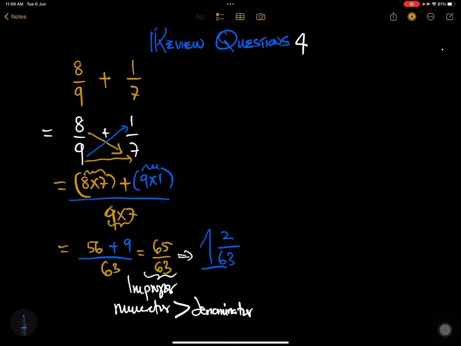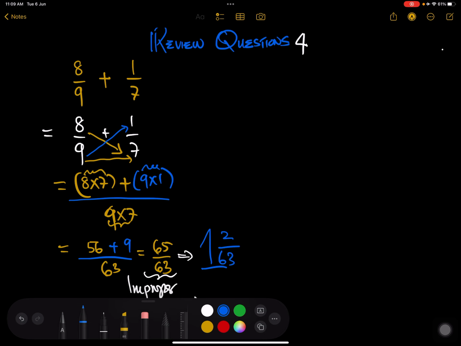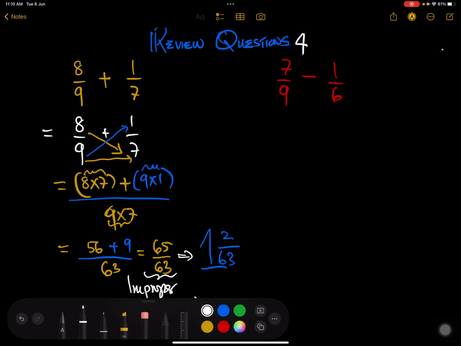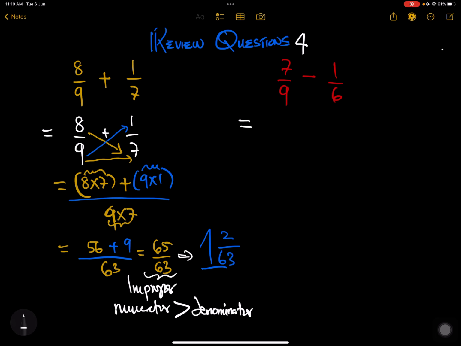Now, let's take a look at a problem on subtraction. So let's imagine we have 7 over 9 minus, let's say, 1 over 6. And remember, we said that all the time, let's introduce an equal to sign. If there's no equal to sign in the problem or the question, we introduce it before we start.